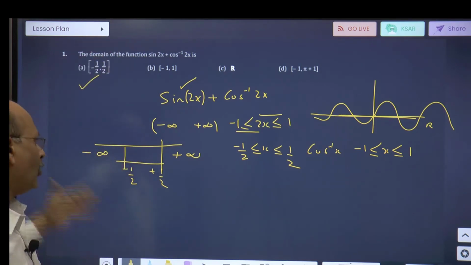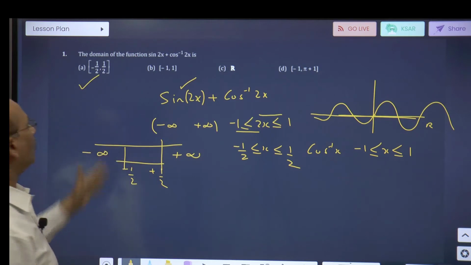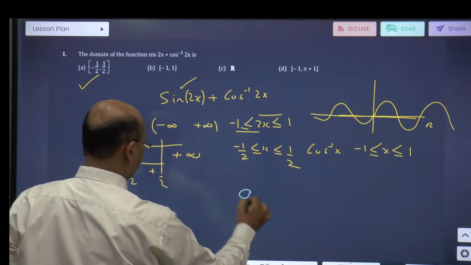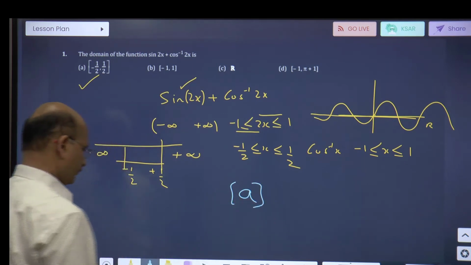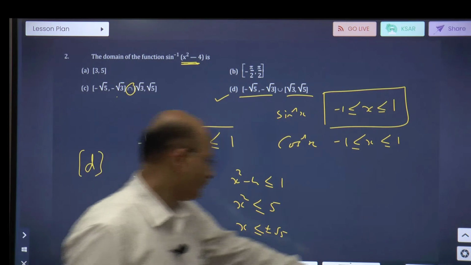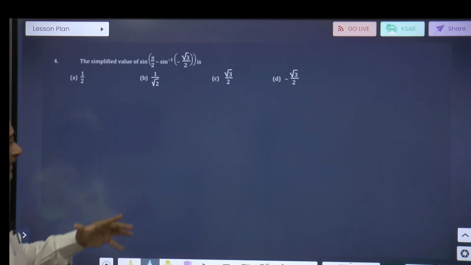I hope you got this point clear. So minus half to half will be the domain. In this case the option will be A. In the previous case the option was D. So very simple, very logical, not mechanical at all.